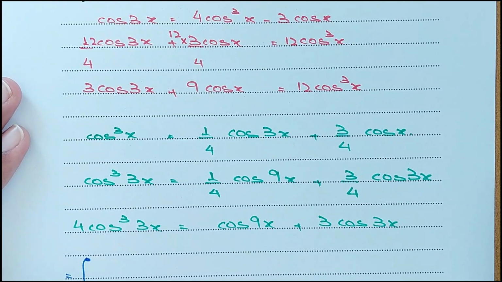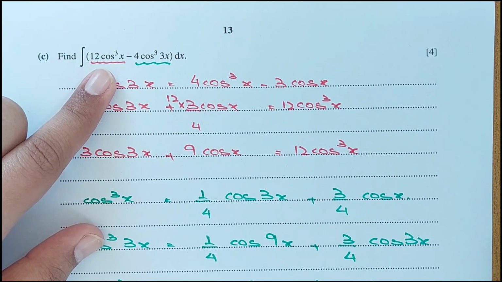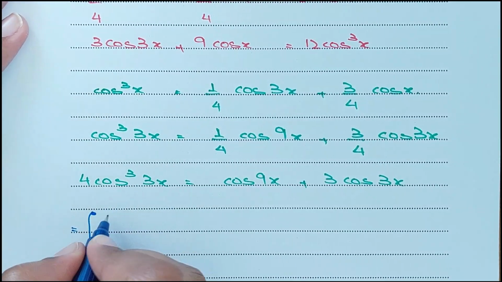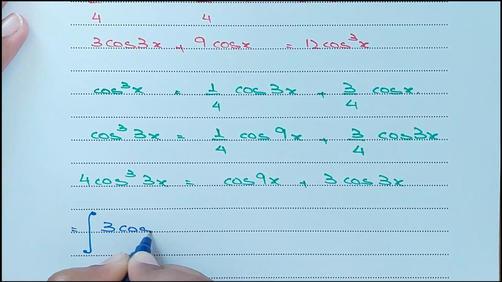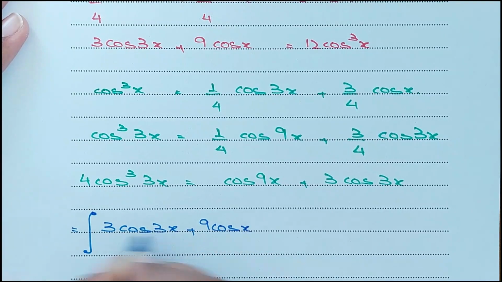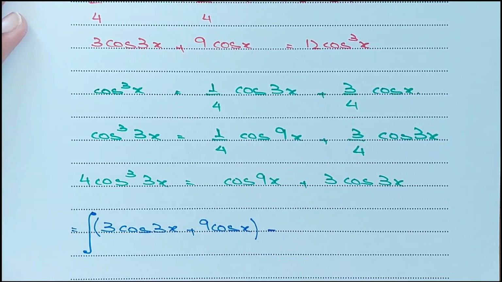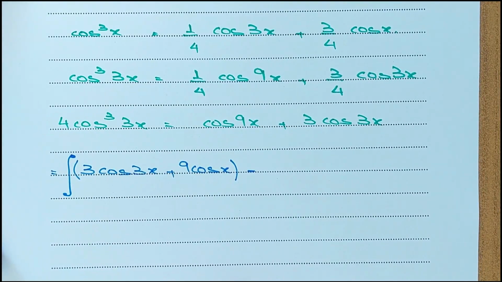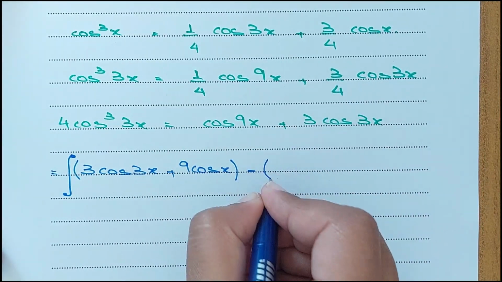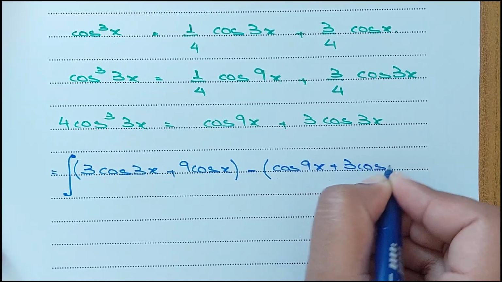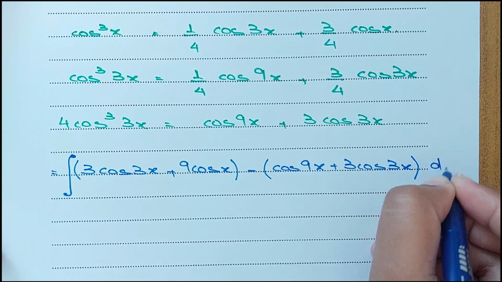Integration of 12 cos cube x. So 12 cos cube x value is this: 3 cos 3x plus 9 cos x, minus 4 cos cube 3x. 4 cos cube 3x value is this, cos 9x plus 3 cos 3x, dx.